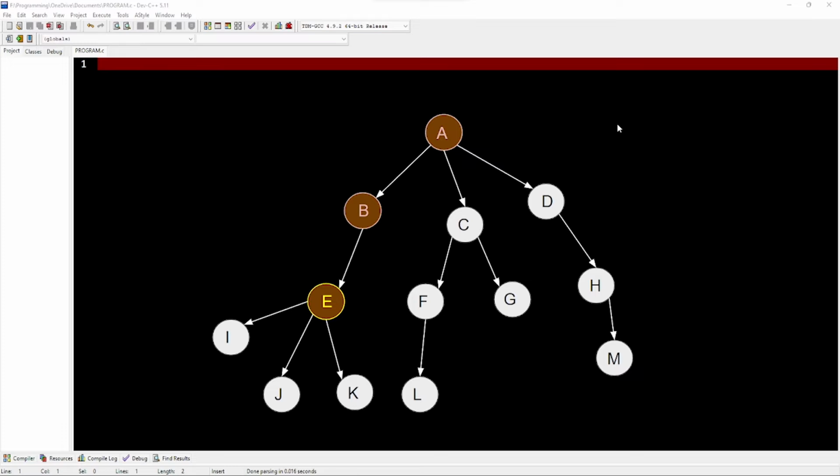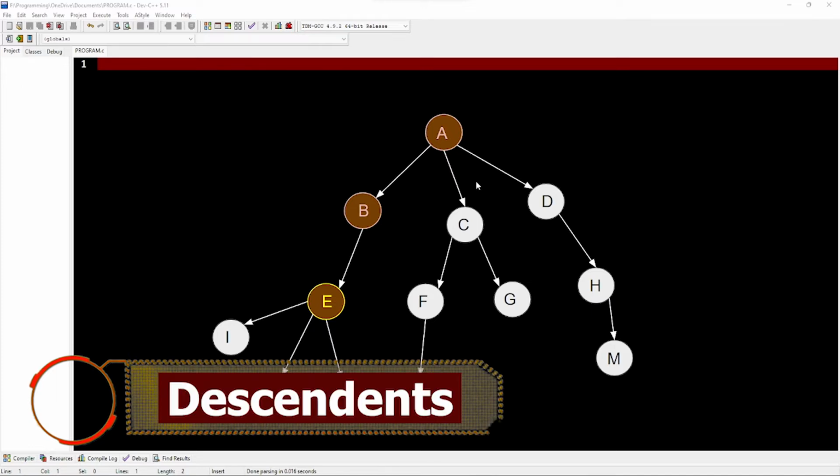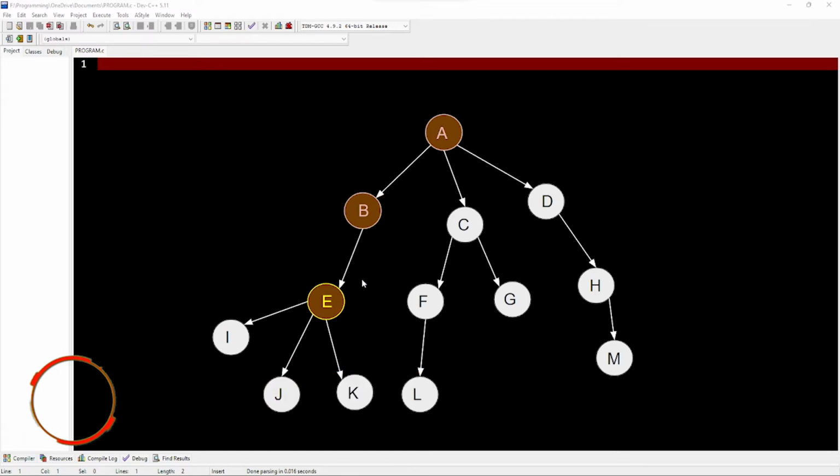In the same way, let me explain another important term, which is descendants. If we consider the node B, then the descendants of B are all the nodes after that particular node, which are connected to it either directly or indirectly.